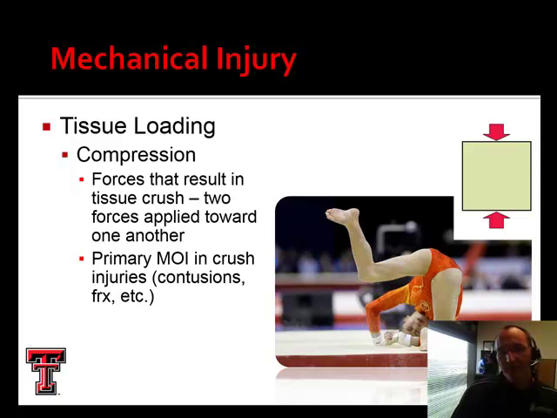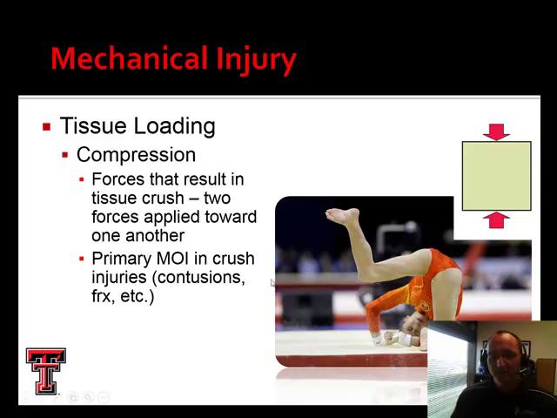Now, there are several different ways that tissue can be loaded. The first that we'll talk about is compression, and this is when forces result in the opposite ends of a bone or a muscle or soft tissue being forced toward one another. This is the primary mechanism of injury, MOI, in a crush injury like a contusion. You smash your finger in a car door, that is a compression-mediated injury.